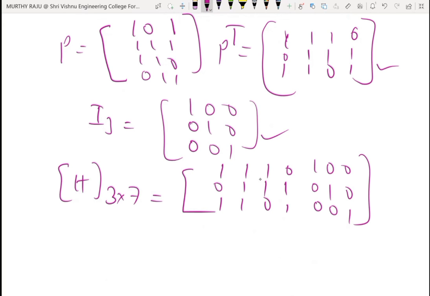It has 3 rows, 1, 2, 3, and 7 columns, 1, 2, 3, 4, 5, 6, 7. This is the parity check matrix.